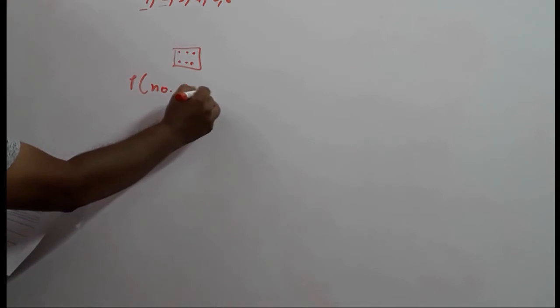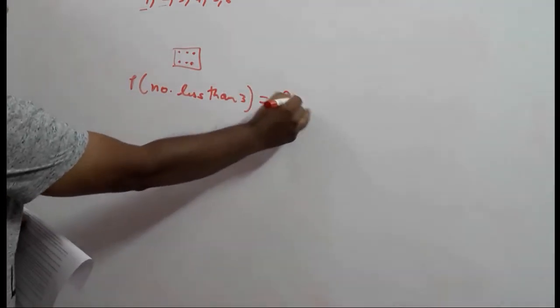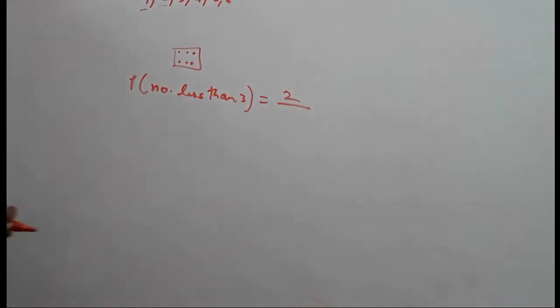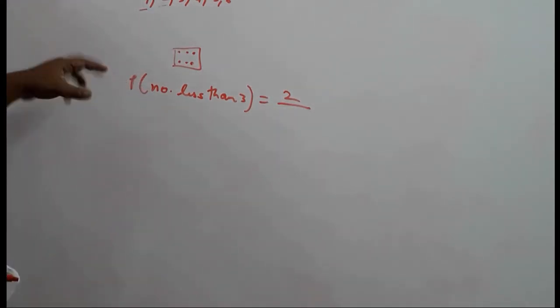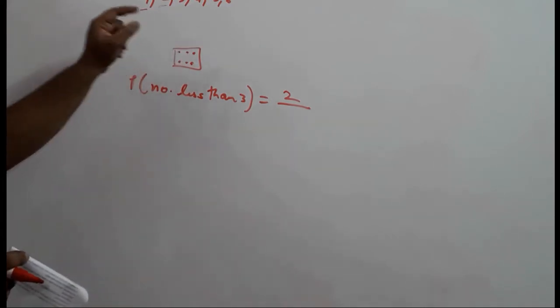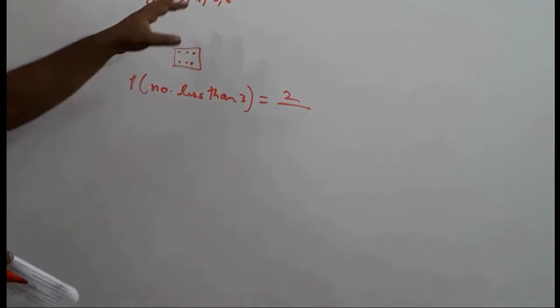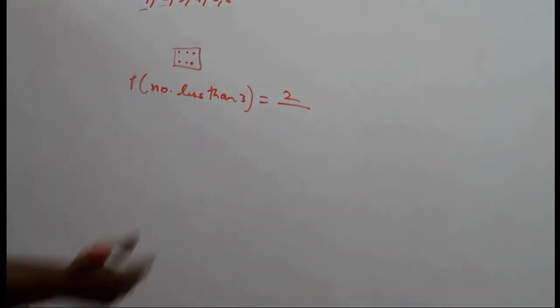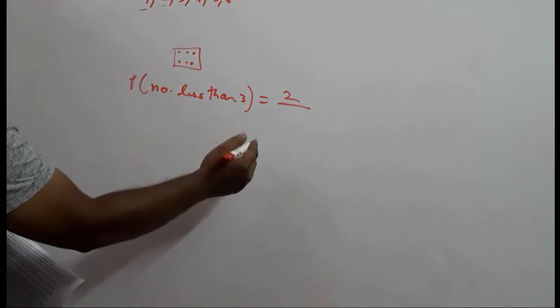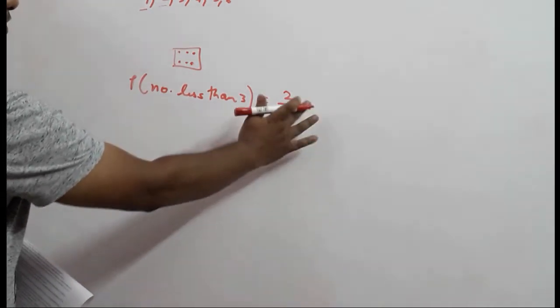So probability of getting a number less than 3 will be 2 upon 6, because 1 and 2 are the favorable outcomes, and there are 6 total outcomes possible.